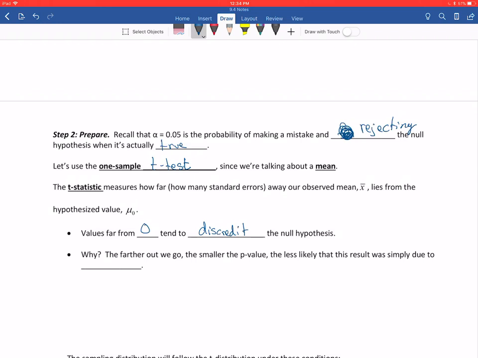The farther out you go, the smaller the p-value gets, and the less likely it is that the result was simply due to chance. Even though we're using the t distribution now instead of the z, they look basically the same. The only difference is this one has a little bit more area out under the tails. Here's your center. The farther out that t value gets, the less area there is to be shaded under the tail, the less likely it is that whatever you saw was just due to random chance, and the more likely it is that something is really fishy going on here.